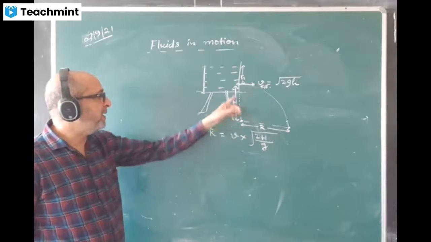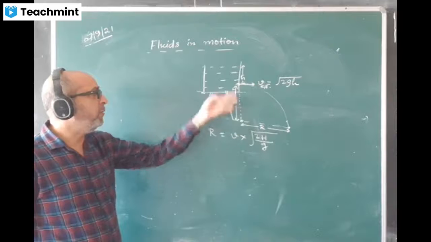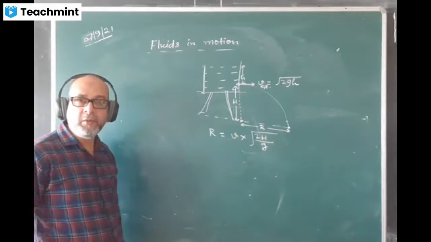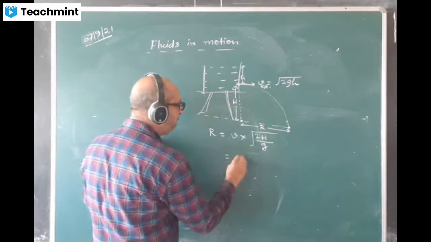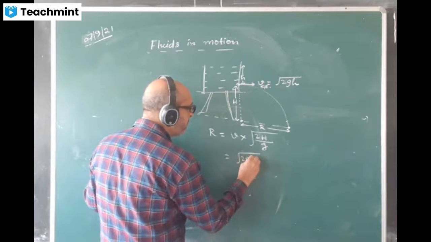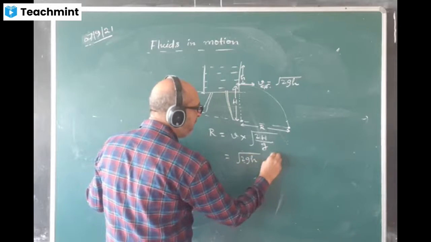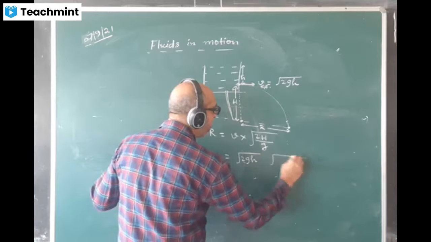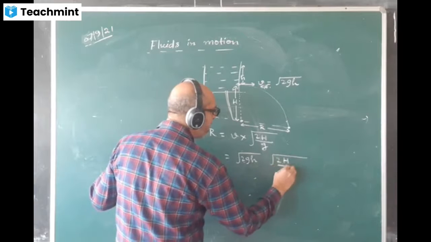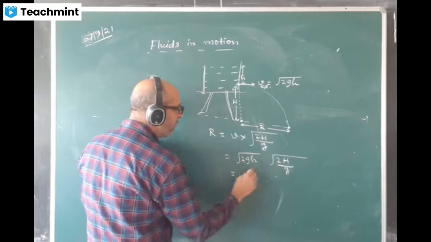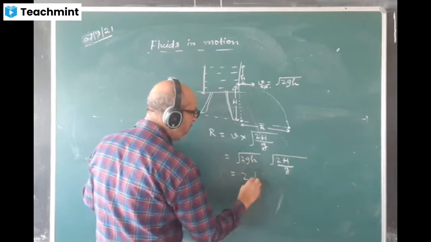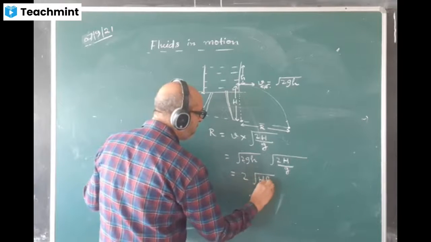This H is the height of the hole from the ground level. The value of v, if I put it, is root 2g small h, and here I will write root 2H by g. After that, g and g cancel, root 2 times root 2 becomes 2, and we get root of H and small h.